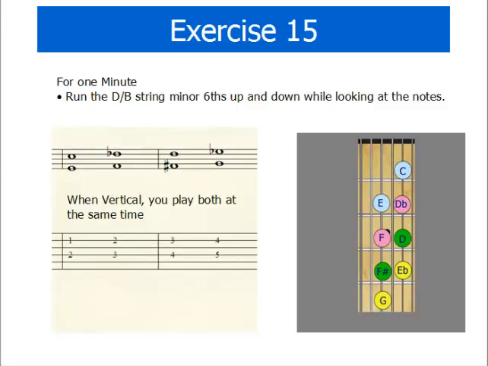How about a fourth? 2 open strings will give you a fourth. Move it up a couple frets. There's your fourths, okay? And how did a tritone sound? Think of Purple Haze.